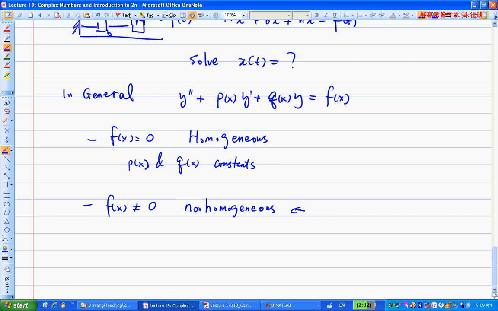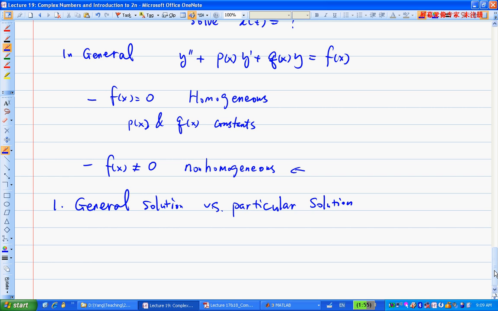Now, the first concept is general solution versus particular solution. If I look at simply the wording, you can tell the difference immediately.